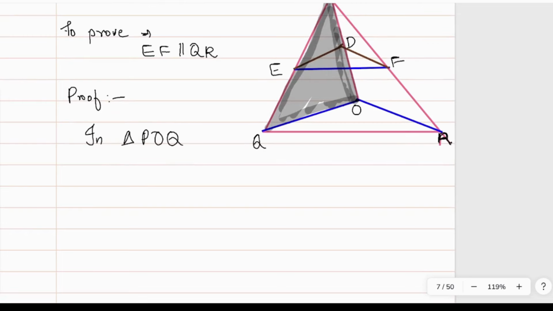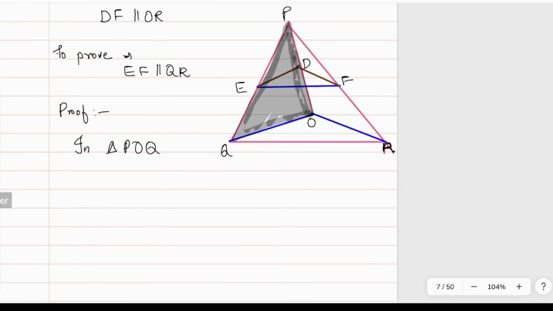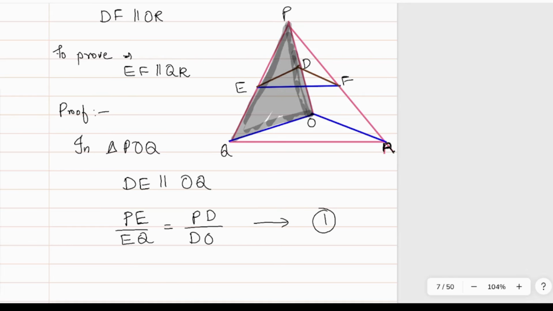What can I write in the triangle POQ? If DE is parallel to OQ, what can I write? PE by EQ equal to what? PD divided by DO or OD, right? For that one, I will write this equation as 1.